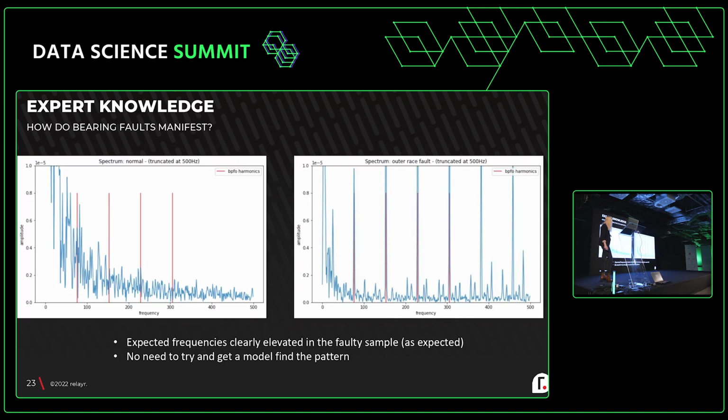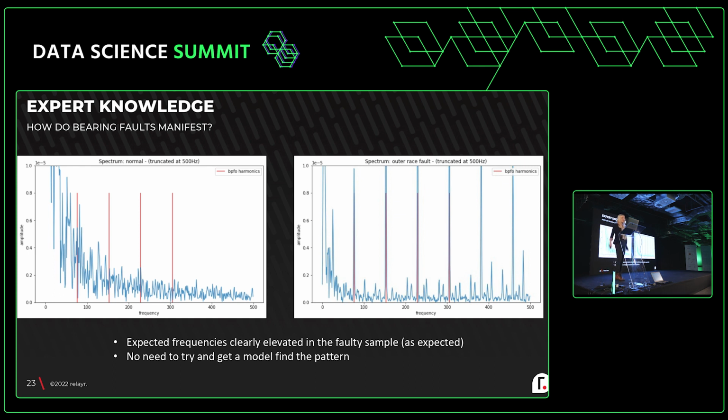Because here you have the promised frequency spectrum. As you can see, those red marks show roller bearing harmonics for an outer race fault. The vibration analyst knows that if there's a peak in the frequency spectrum at those repeated frequencies, then there's a problem.